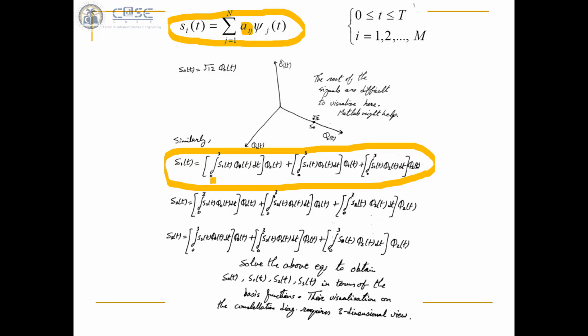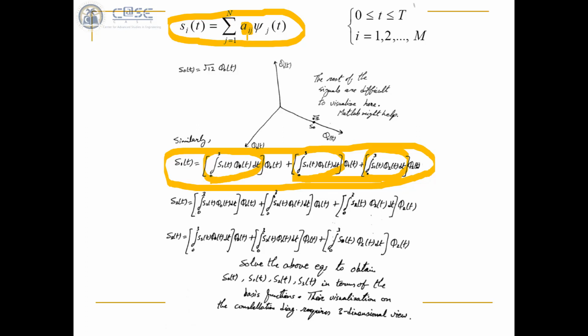A10 is nothing but this function here in the brackets. A11 is here, A12 is here. You see, we have used the variable a with the subscripts i and j. So if you substitute i equivalent to 1, j will vary from 1 till 3, since we have 3 basis functions.